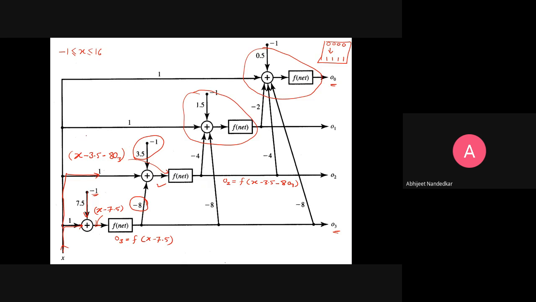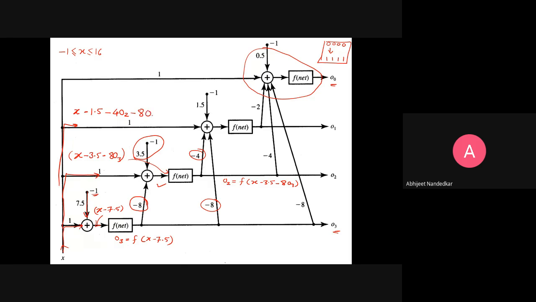Like that, when you go to the second one, you can see that the same input x is going here, minus 1.5. Then two more things are appearing here, one from this neuron and the other from that one. So it is minus 4 O2, then minus 8 O3.